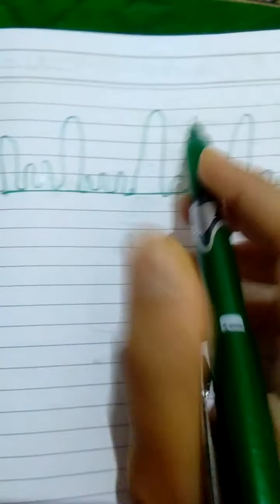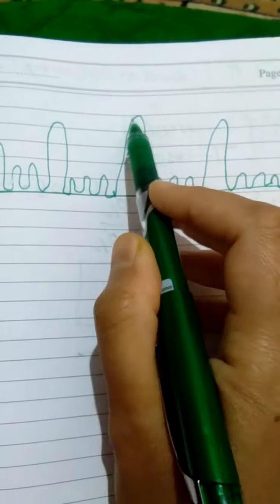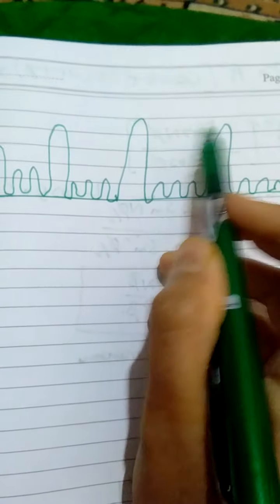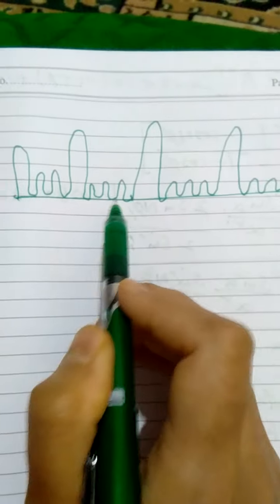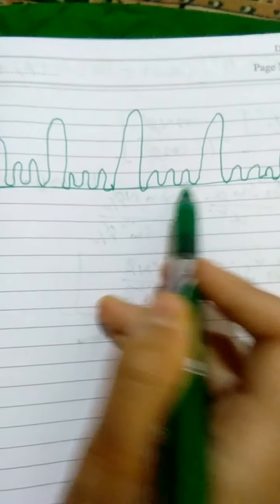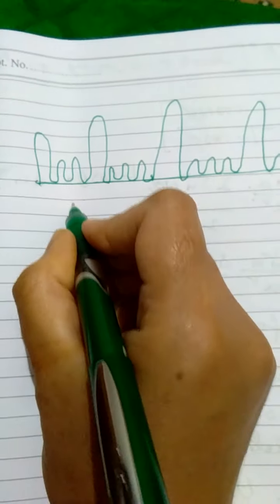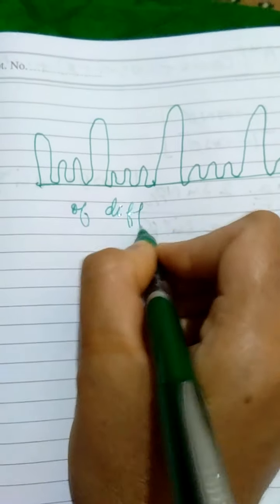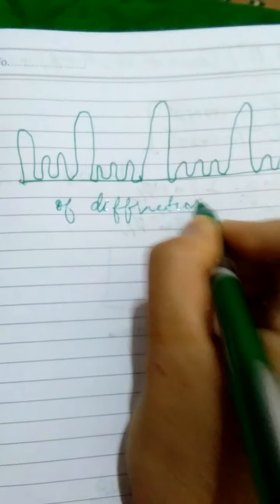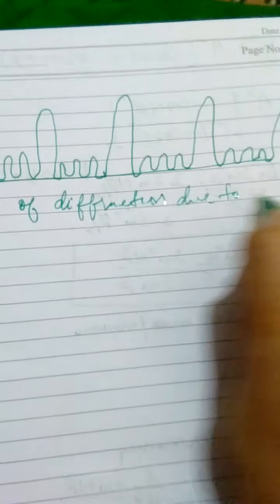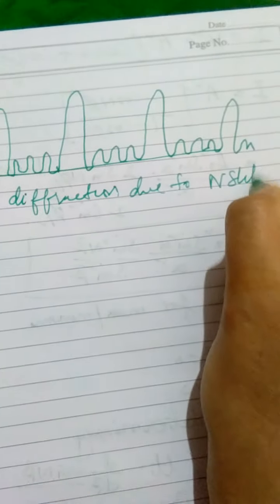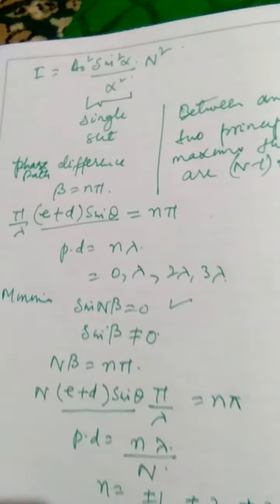But of course you have to ensure that the height of the central maximum is bigger than the adjacent maxima, and these are interspersed by these minima. So this will be the intensity pattern of diffraction due to N slits. And I think that covers all important description about diffraction due to N slits. That's all.